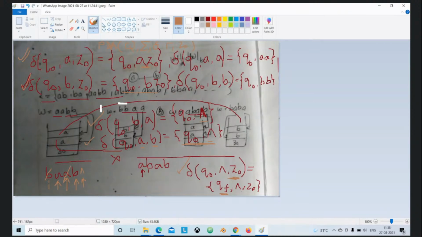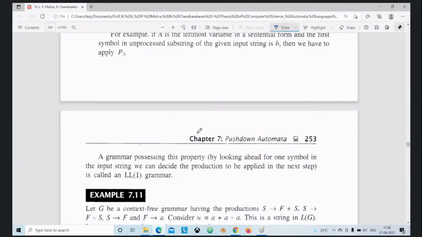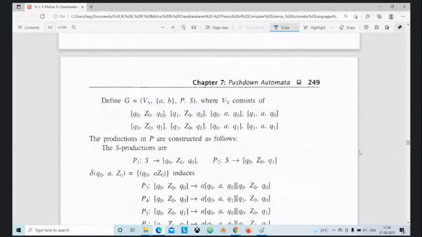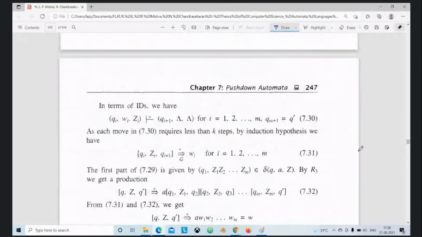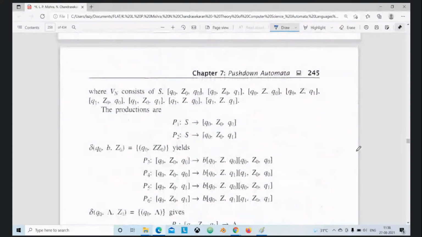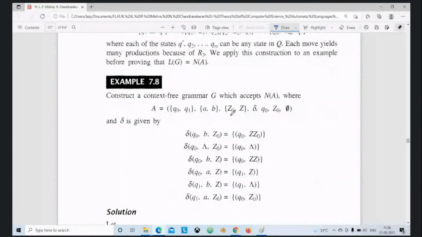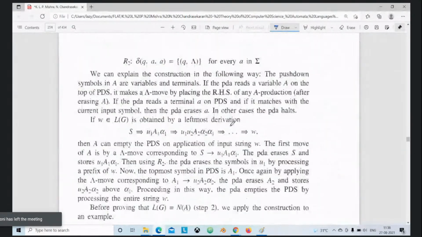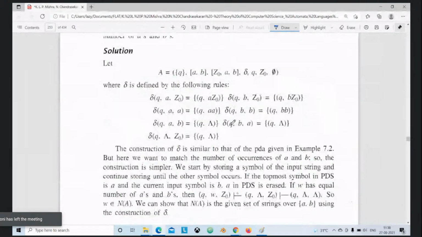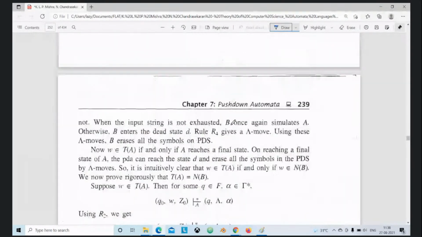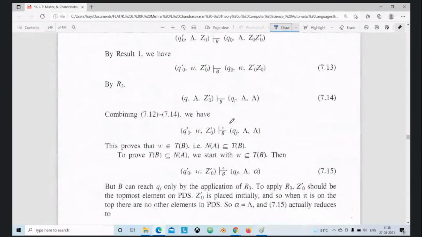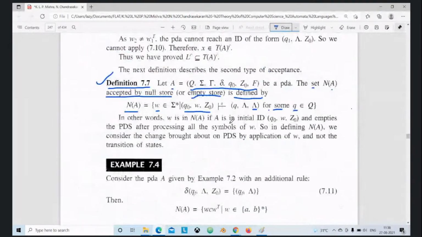So one thing which you should remember. Let me show you that. Z naught basically is your pushdown symbol.